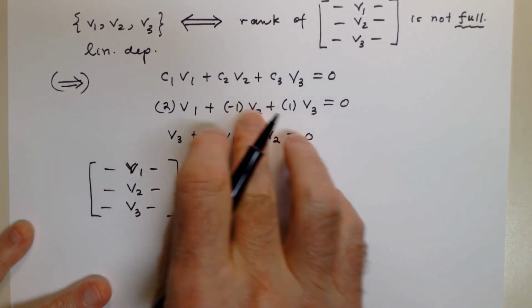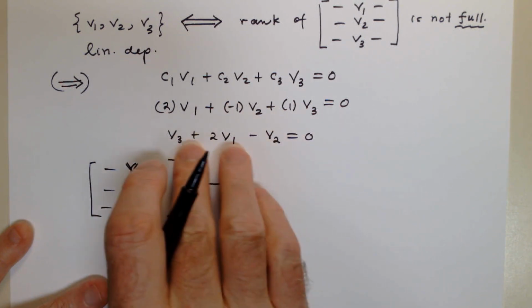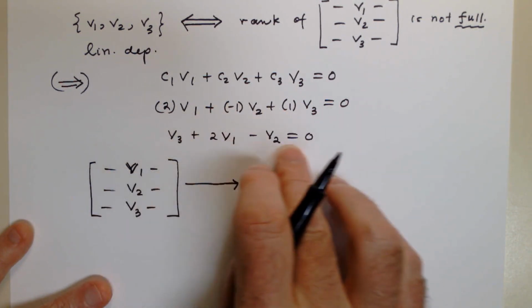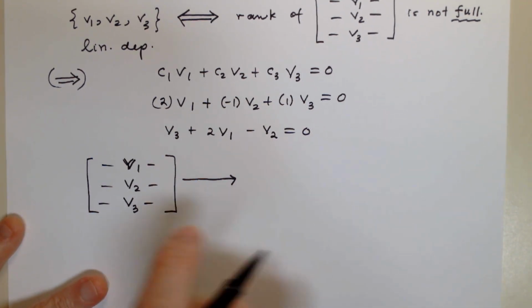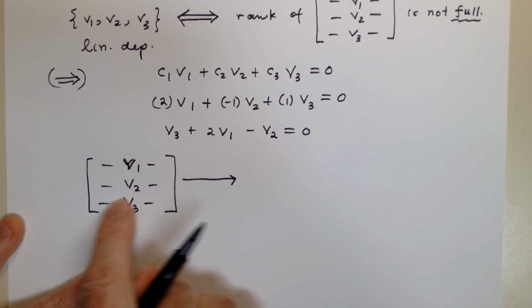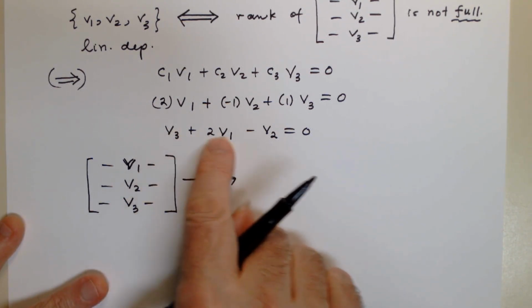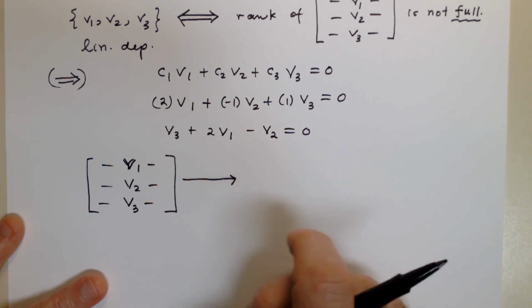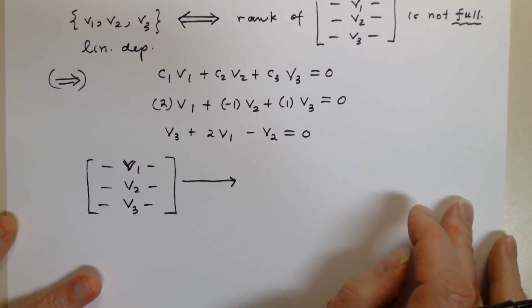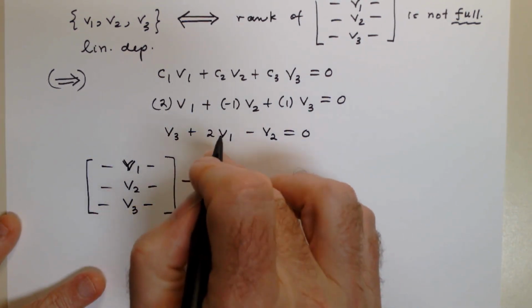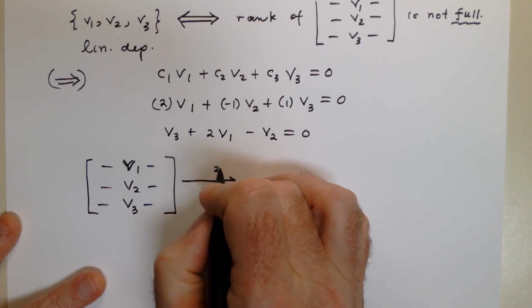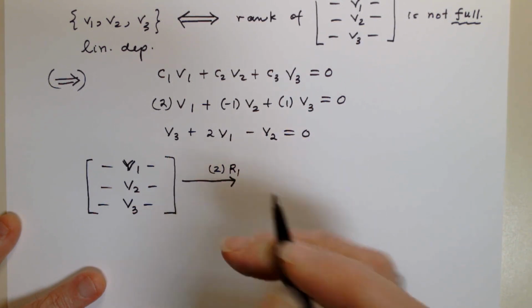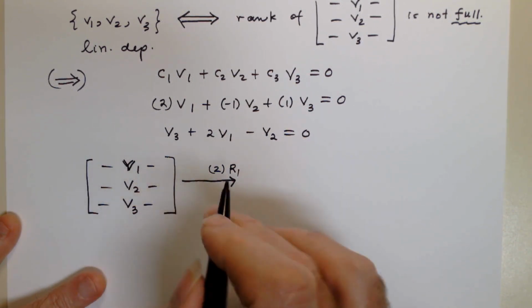They're coming right out of this claim here that this combination is producing the 0 vector. My goal is to get a 0 row down here at the bottom, and so I'm inspired by what I'm seeing here. So my first elementary row operation is to take row 1, scale it by a factor of 2, and add it on to row 3.